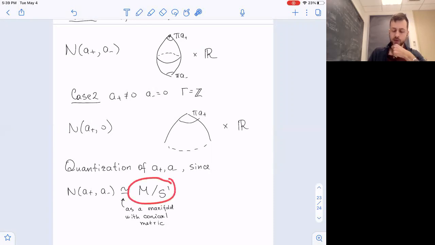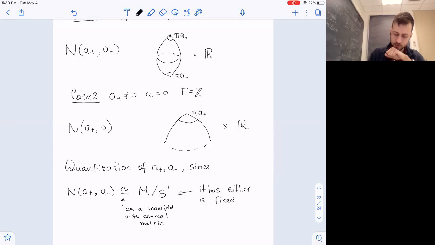And what we know about the action of S1 here, is that it has either isolated fixed points with weights plus or minus 1, or it has finite isotropy groups.